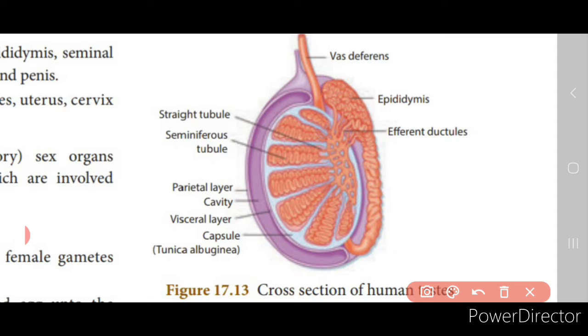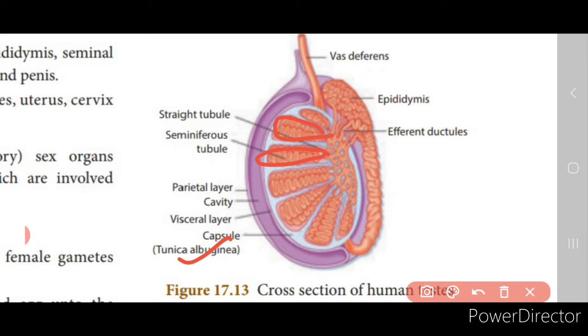This is present outside the abdominal cavity in male, placed inside a sac like structure, which is called the scrotum. Each testis is covered with a layer of fibrous tissue, which is called the tunica albuginea.